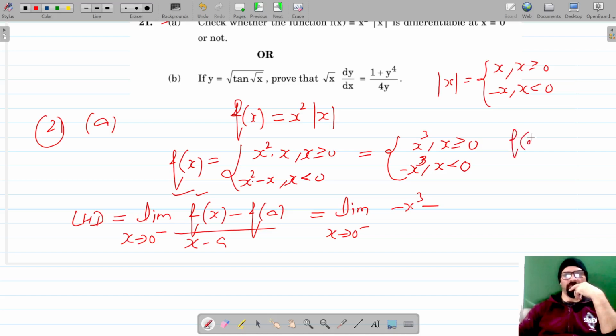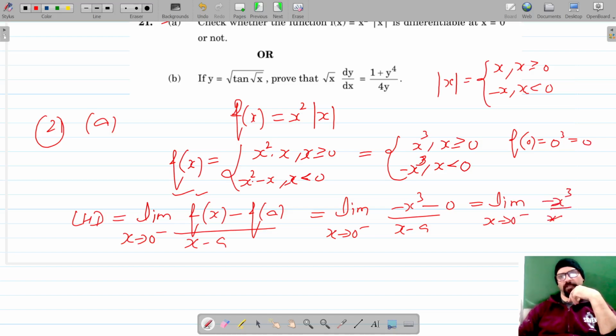So a is 0, so that means f of 0. At 0, the value is x cube, which is 0 cube, equal to 0. So this is 0, and it's x minus a. So this is equal to limit x tends to 0 negative, minus x cube upon x, which is negative x squared.